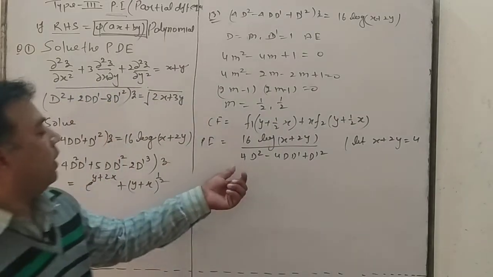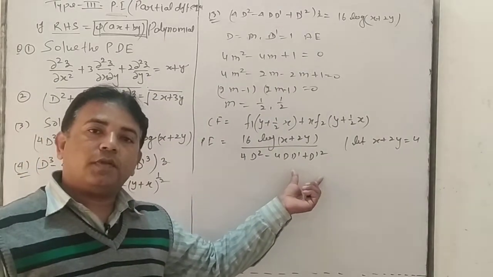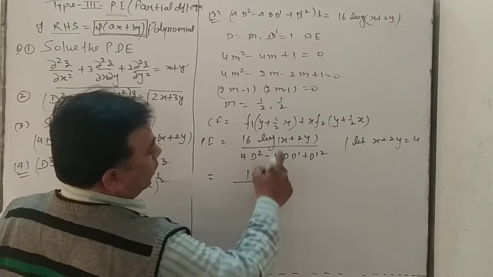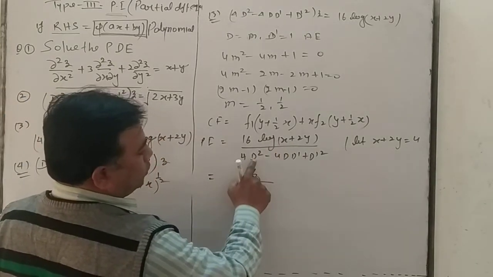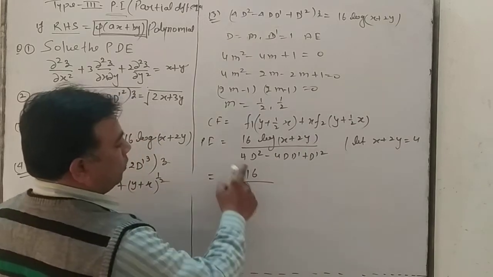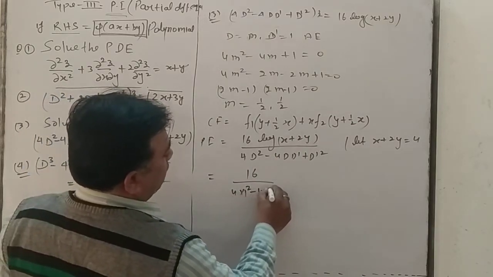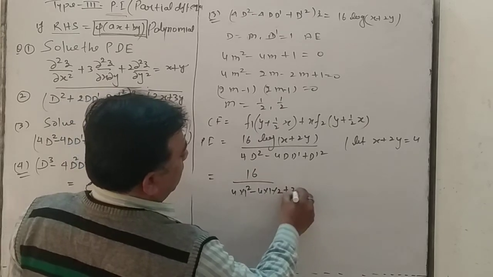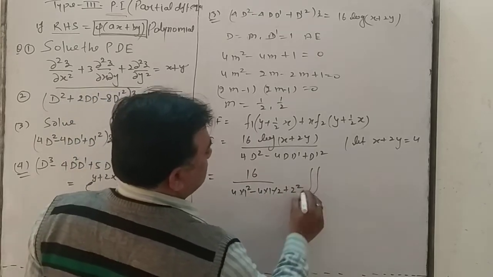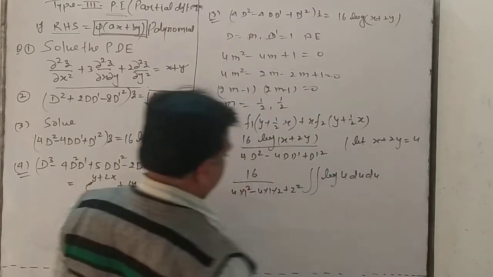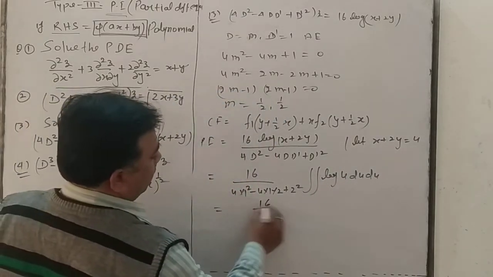You can see this is a second order partial differential equation, so you take the coefficient of x in place of D and the coefficient of y in place of D'. So 4 into 1 squared minus 4 into 1 into 2 plus 2 squared, with the double integration of log u du du.